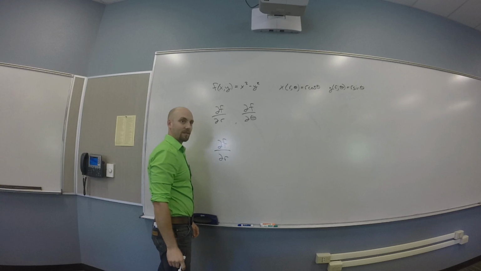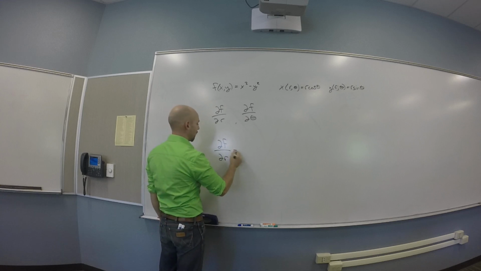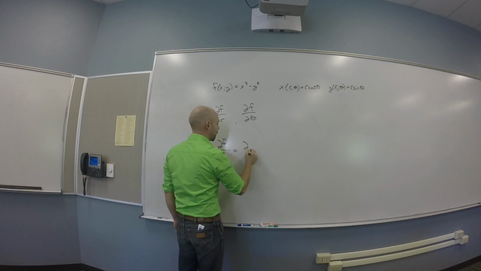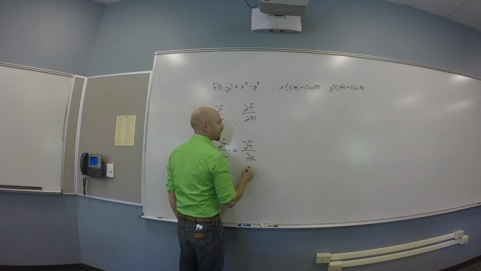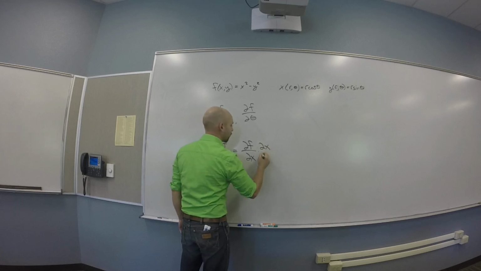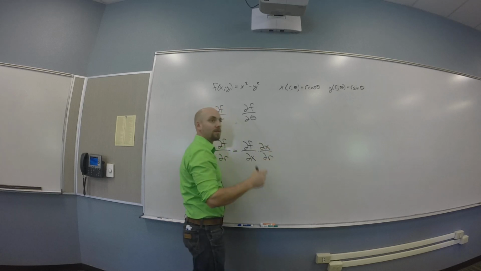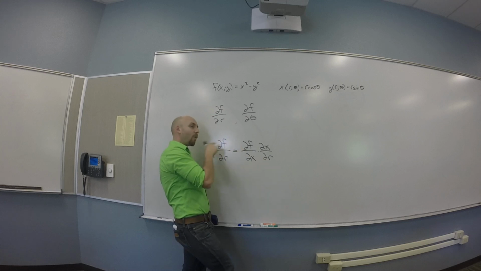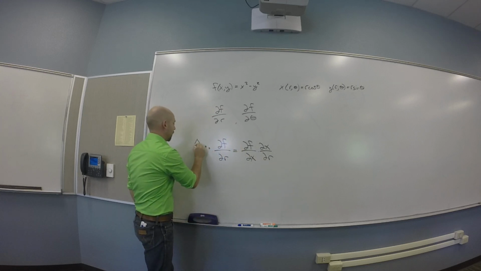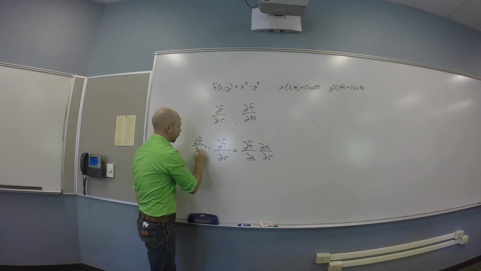So the more sophisticated way is for you to think, okay, the partial of f with respect to r is going to be the partial of f with respect to x times the partial of x with respect to r. So what I'm thinking is the change in f per change in r.